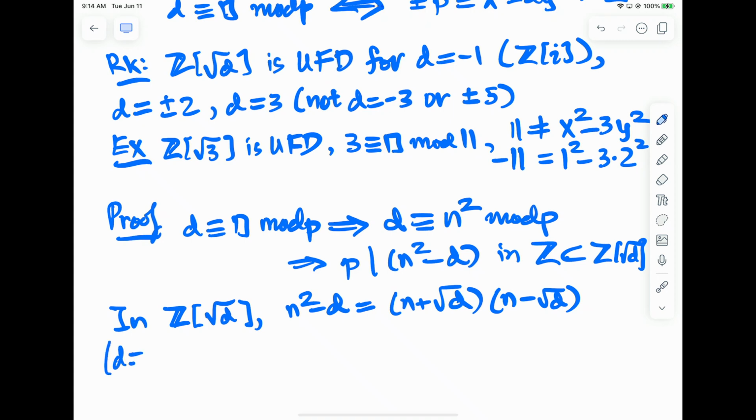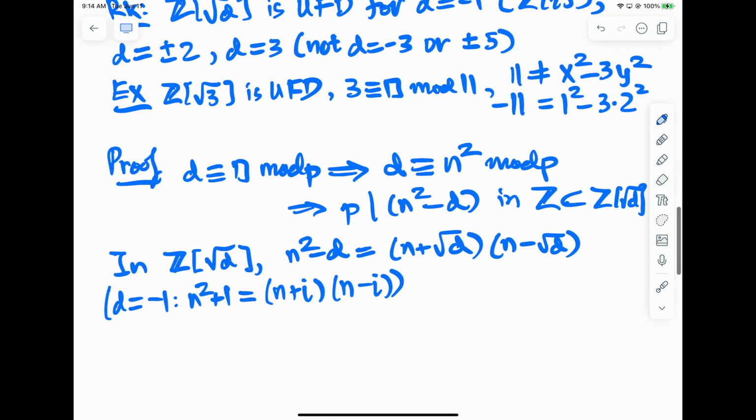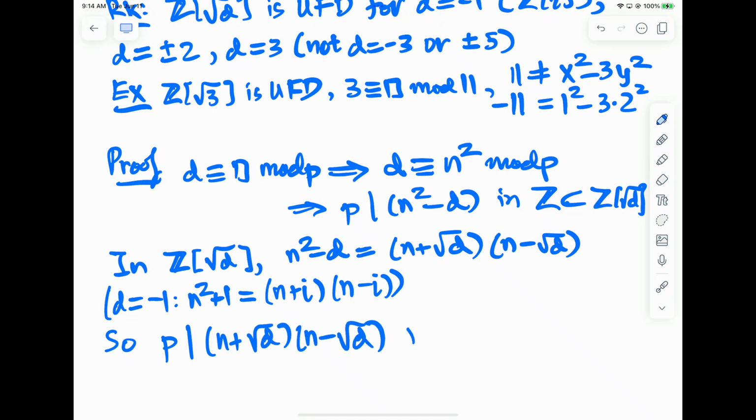And just so you kind of have to appreciate minus minus 1 is 1. And so then what we can do is we have divisibility in the larger quadratic ring Z bracket root d.